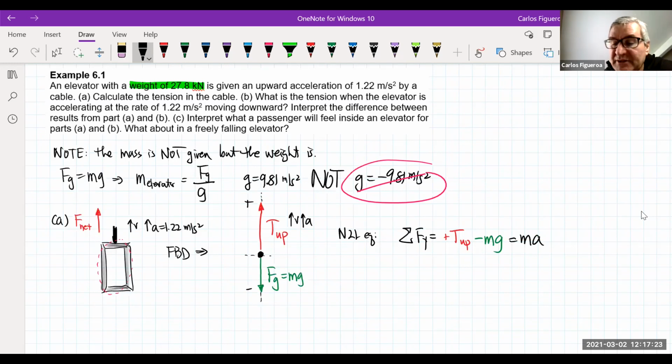What causes this elevator to go up? It's not the tension. It's this. It's the net force that causes that. So now I'm going to solve for tension while accelerating up here.